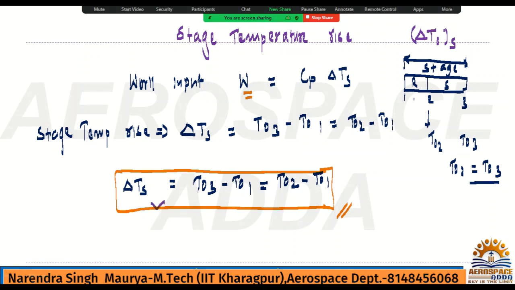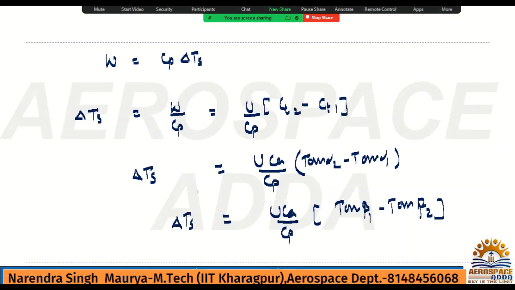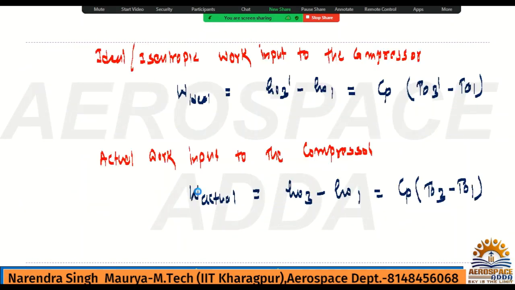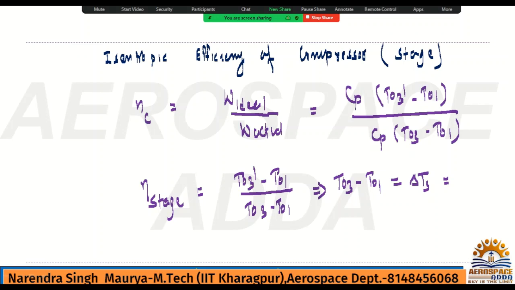T03 minus T01 is delta T0s, the stage temperature rise. So this delta T0s, T03 minus T01, will be (T03 dash minus T01) divided by eta stage efficiency. Okay, what did we get here?